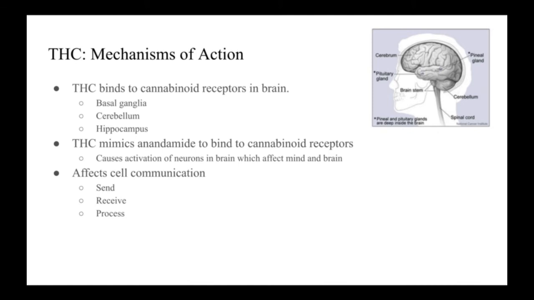The cannabinoid receptors are usually activated by the neurotransmitter anandamide, a natural cannabinoid produced by the body. And THC mimics anandamide and binds to cannabinoid receptors to activate neurons in the brain, which affects the sending, receiving, and processing parts of cell communication, and ultimately affects the mind and the body.